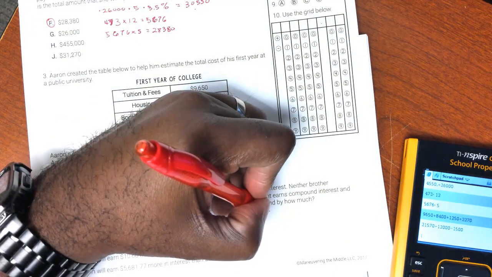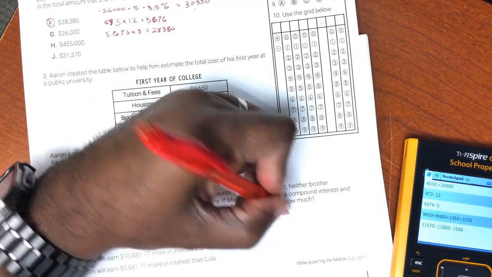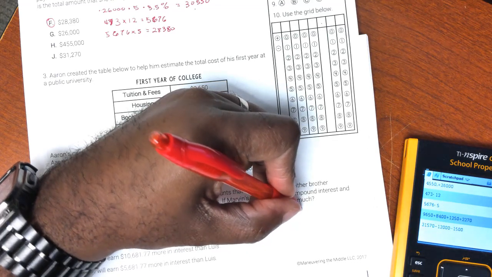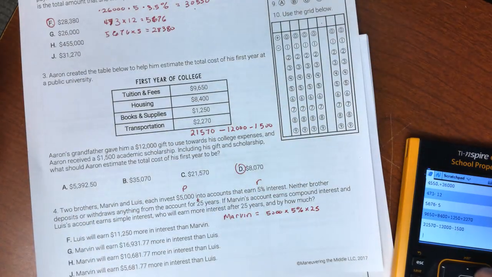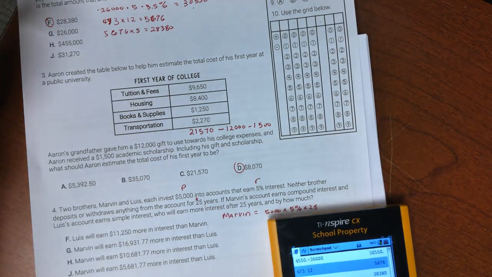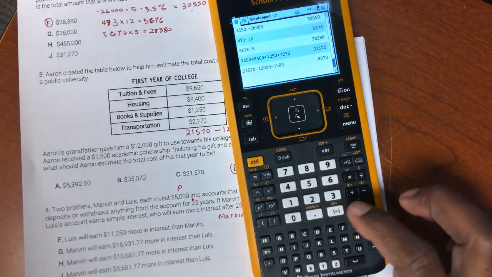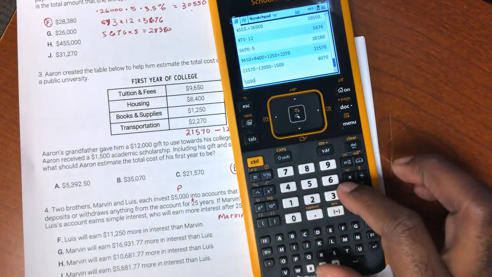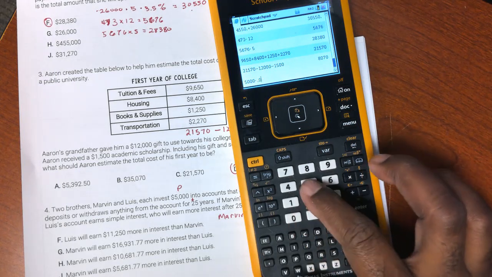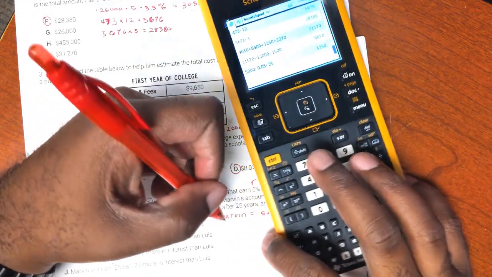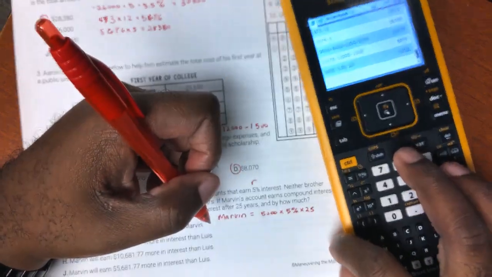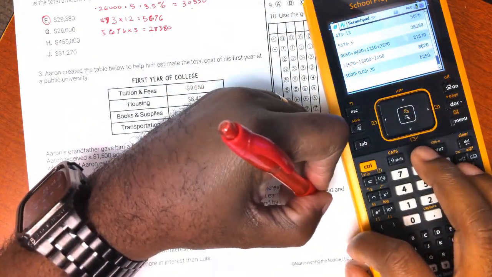So that's 5,000 times 5% times 25. So let's go ahead and see what I is for that one. Okay, so let me just put this up here real quick. 5,000 times 0.05 times 25. In interest, Marvin earned $6,250.